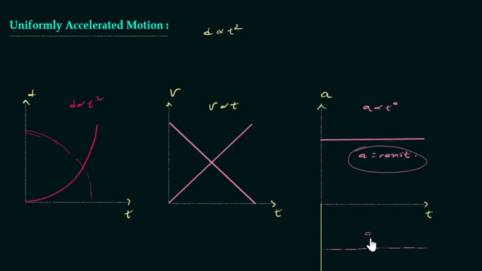So here acceleration is negative, here acceleration is positive. This is retarded motion, this is accelerated motion, this is retarded motion, this is accelerated motion, this is accelerated motion, this is retarded motion.